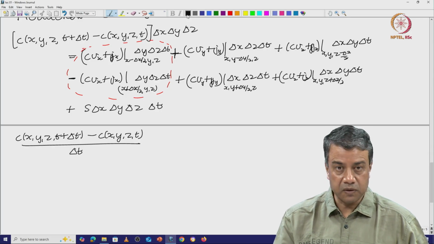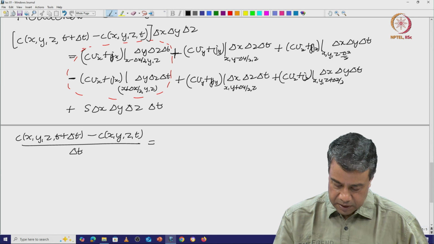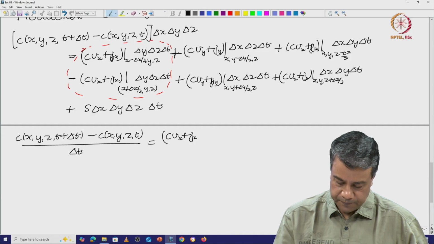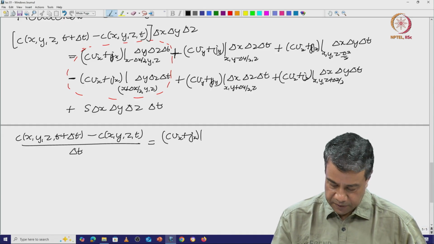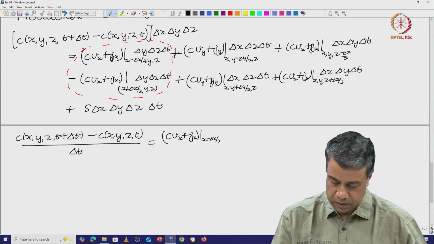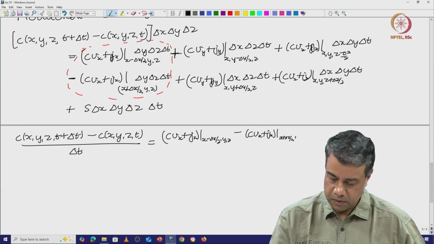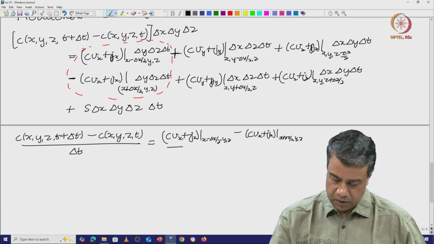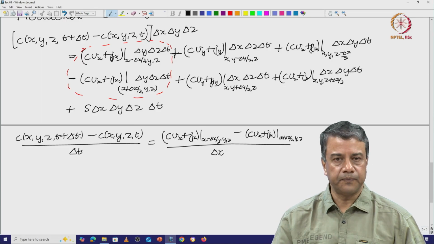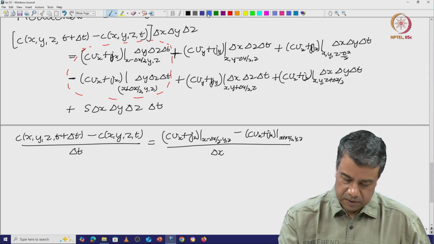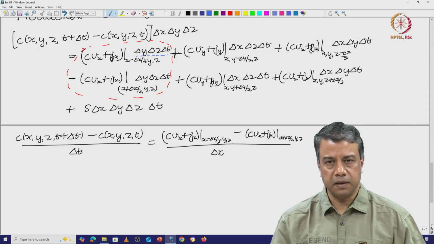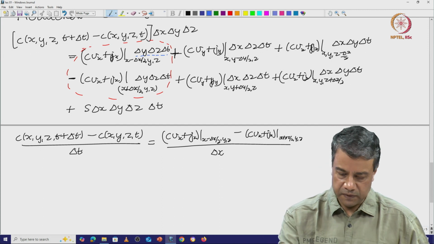Therefore, I will get C Vx plus Jx at x minus delta x by 2, y, z, minus C Vx plus Jx at x plus delta x by 2, y, z, the whole divided by delta x. Because this was multiplied by delta y, delta z, delta t, when I divide by volume and time, I get a 1 over delta x here.